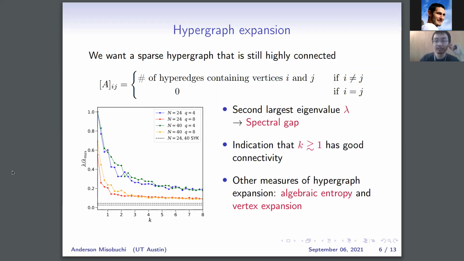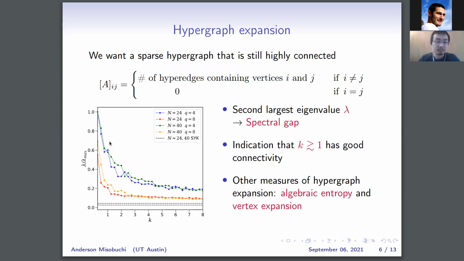One way to do this is to look at the adjacency matrix, which counts the number of hyperedges that contain two given vertices. And we can compute the spectral gap of this matrix, given by the difference between the largest and the second largest eigenvalue.